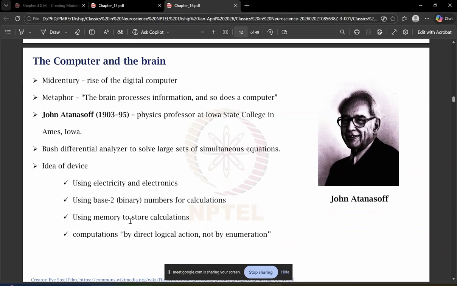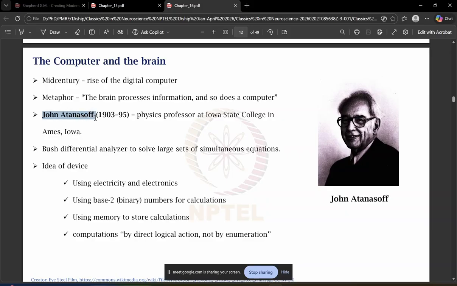And these are the properties that that device should have. During that time several other individuals were also trying to pursue this, but he is the one who was most clearly documented, you can say.